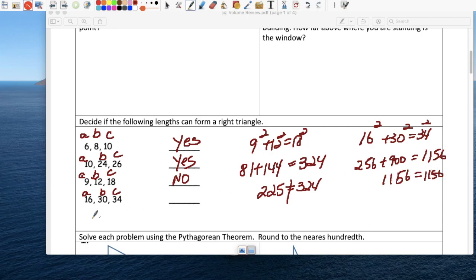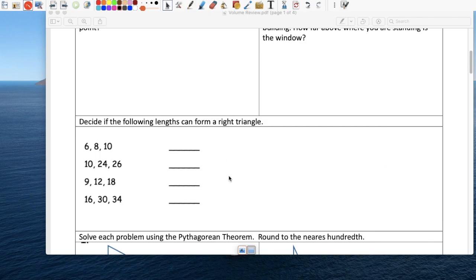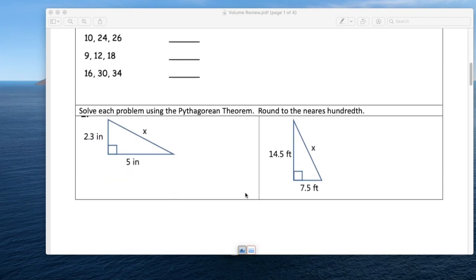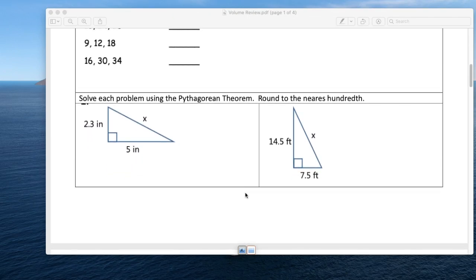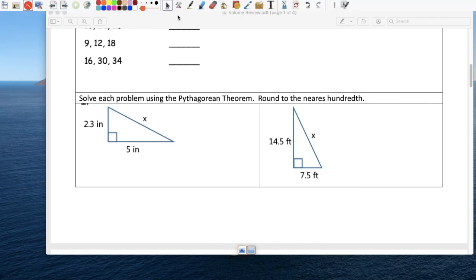So these three also represent the side lengths of a right angle triangle. Alright, so again, just very repetitive, first page.